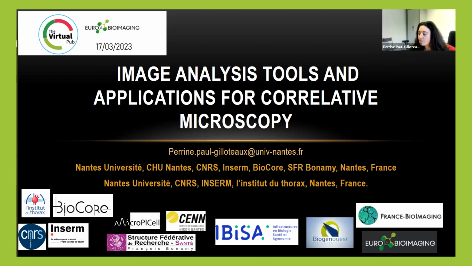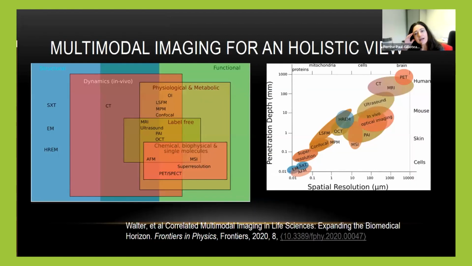And indeed, the purpose of today is to speak about correlative microscopy. I mean, you're here and you know we are all coming from different fields, and always a common denominator is imaging. And there are plenty of different imaging types.